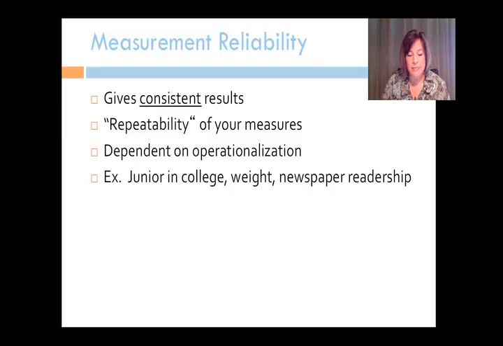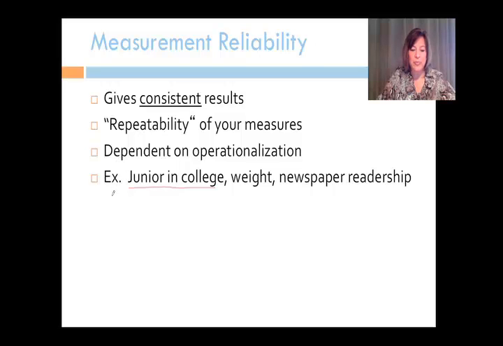For instance, these are some examples. How might we determine who is a junior in college? If we went around the room or the internet and asked different individuals how to measure or define that, what are some different ways that one might be able to do that?